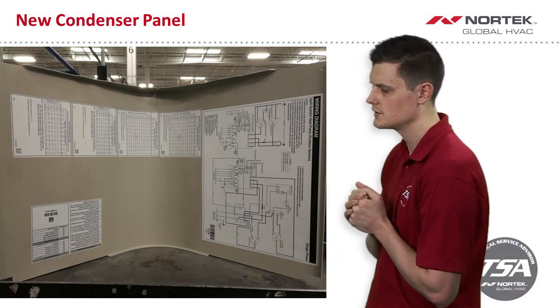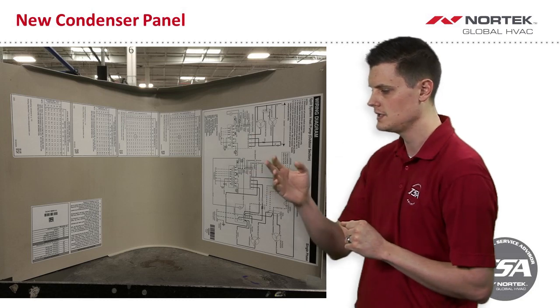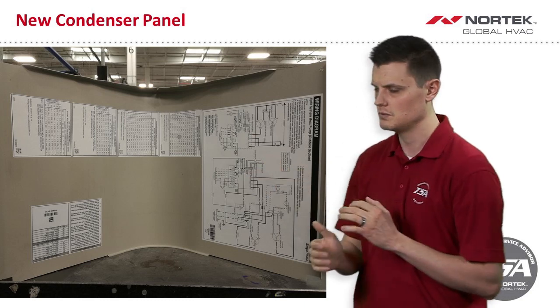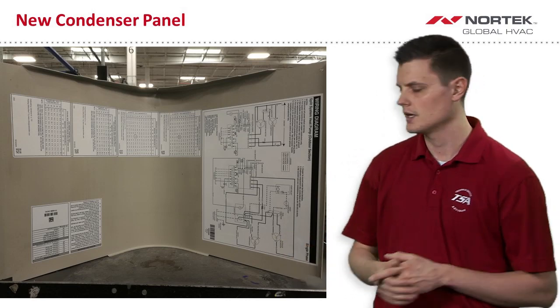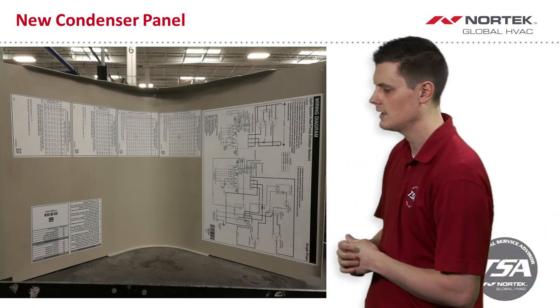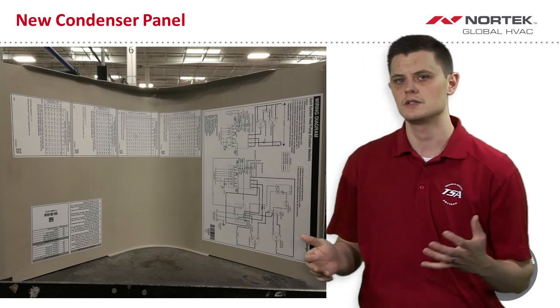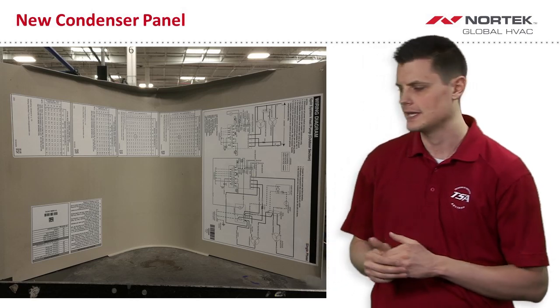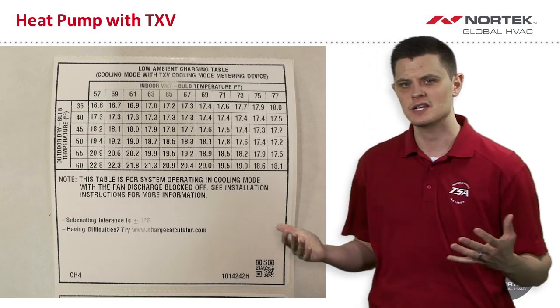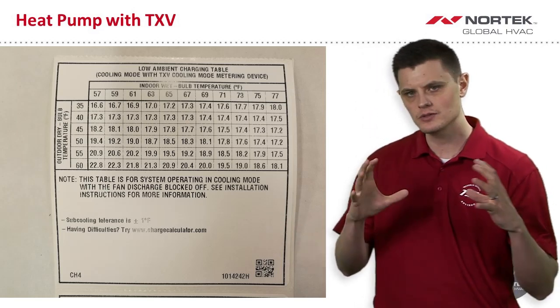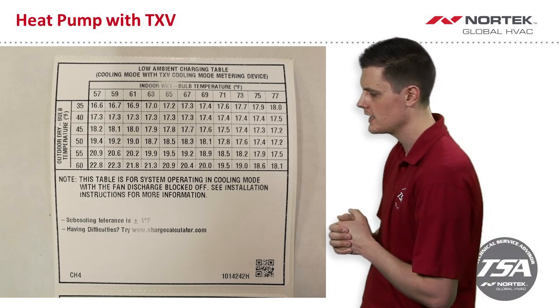I'm not 100% sure on that, but it's probably a 14 SEER because we could have a TXV or a piston on the inside. This is what it's going to look like, and these are on all of our new condenser models. And then in the next couple of slides, we'll take a look at what those labels look like if you guys aren't familiar with that.